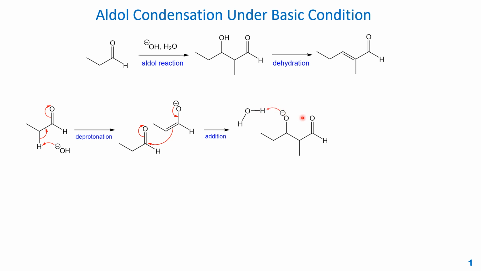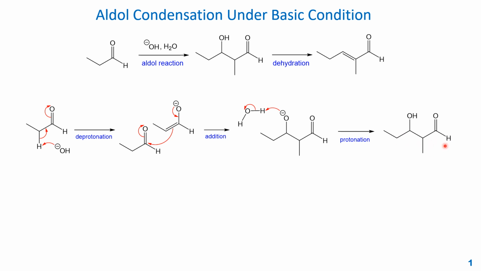The electron starts from the lone pair of the oxygen to the proton, takes the proton, and pushes the sigma electron to the oxygen to form the hydroxide. That is the base catalyst.